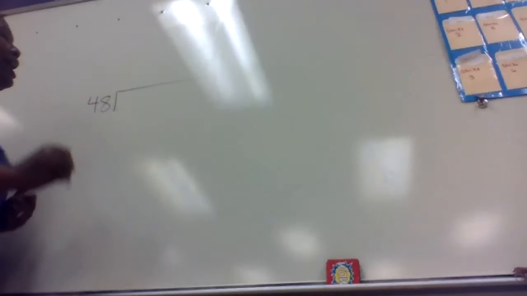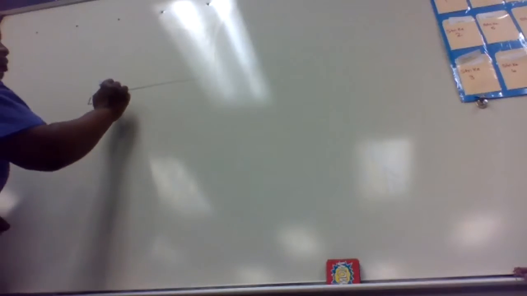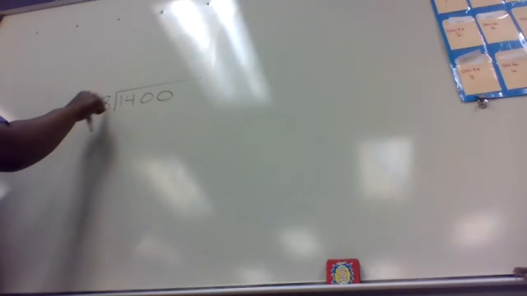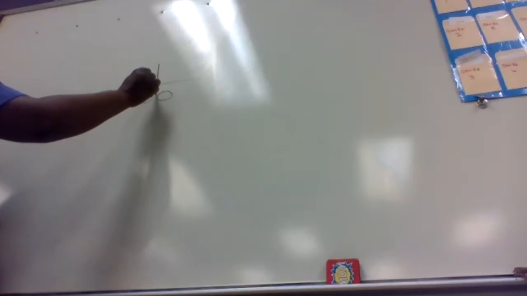And we're gonna ship them into cartons that hold 48, right? So what is my divisor? What am I dividing by? 48. And what am I splitting? 1,400. Okay. So 48 can't go into 14, but it can go into 140.